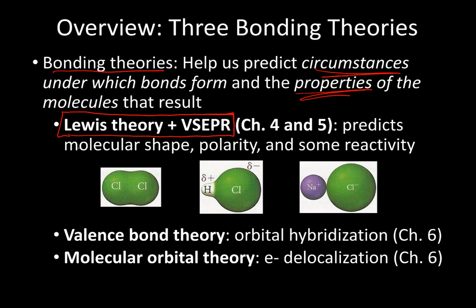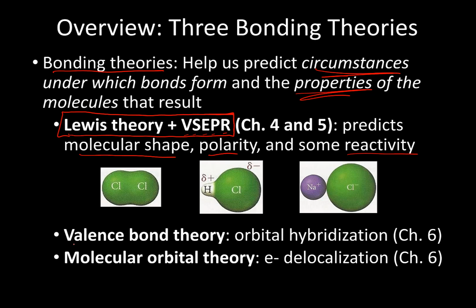These theories can help us predict molecular shape, polarity, other physical and chemical properties, reactivity. And VSEPR stands for valence shell electron pair repulsion theory, and we'll get to that in a later pre-class question set. But what these do is they really help us visualize what's happening with molecules.